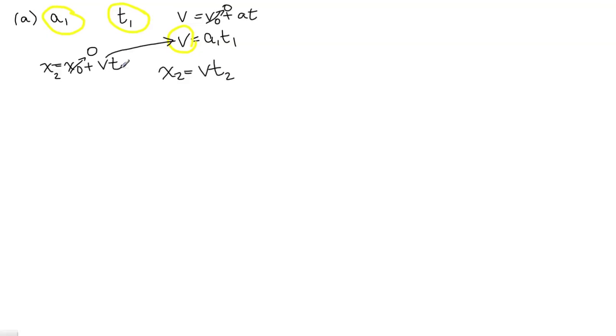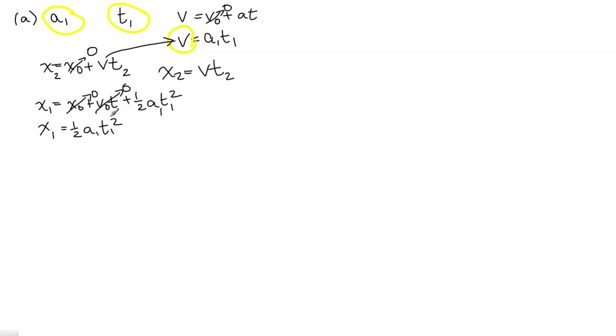Now, the first part, x1, is going to obey the equation x naught plus v naught t plus 1/2 at squared. x naught can be 0, v naught is 0 because it starts from rest, the acceleration is a1, and the time is t1. So x1 is 1/2 a1 t1 squared.